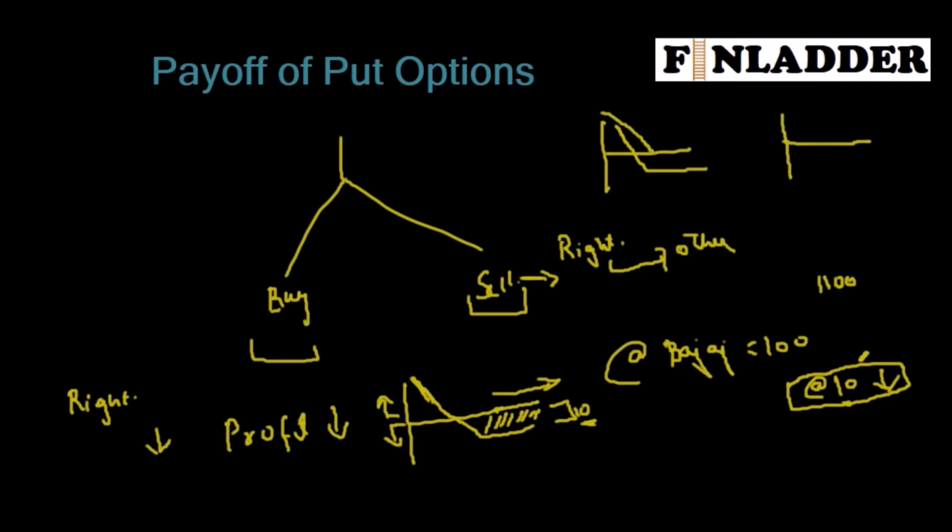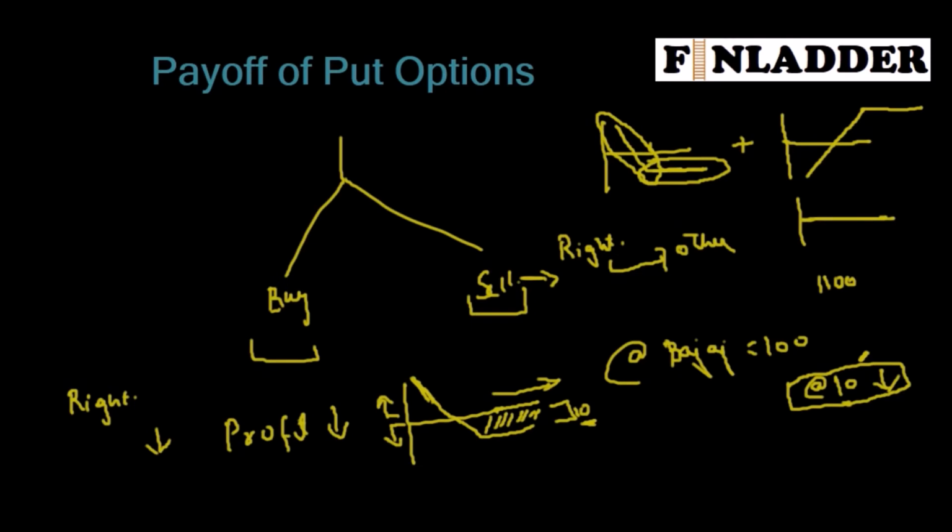If this is a diagonal line sloping downward, then firstly we will have a diagonal line sloping upward, and this other line would stay the same. So if we add this plus this, there will be no profit, no loss.